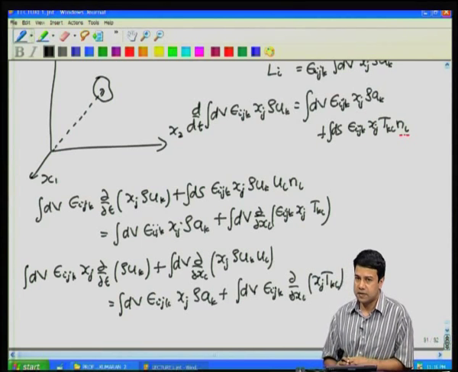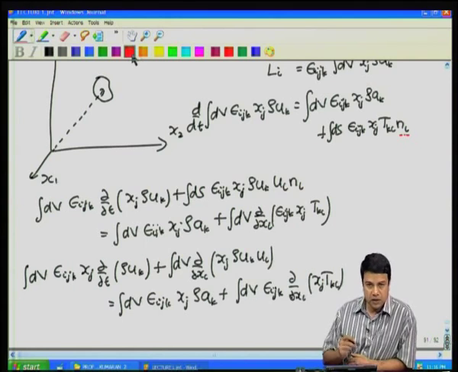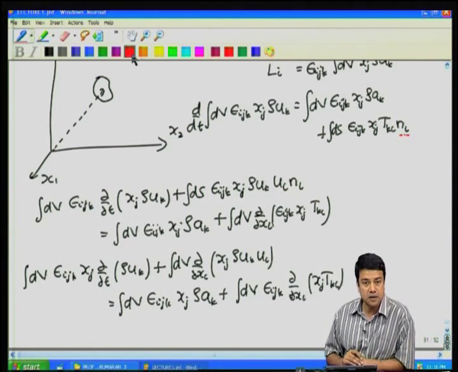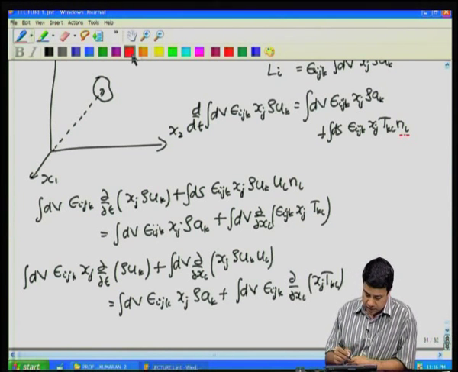So, that is the final statement. Now, in these two terms, I am going to use the chain rule for differentiation to simplify the terms.